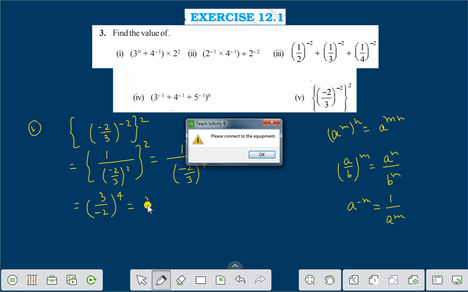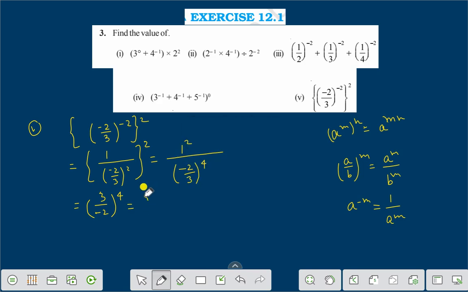That means 3 by minus 2 multiplied 4 times: 3 by minus 2 into 3 by minus 2 into 3 by minus 2 into 3 by minus 2.